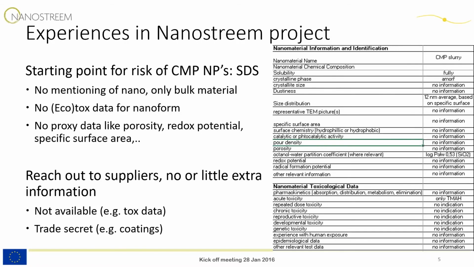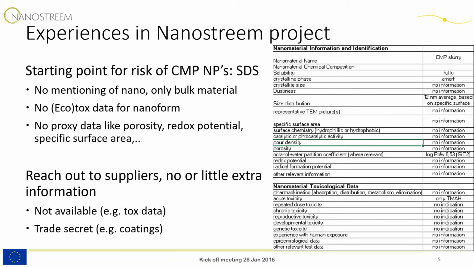So for the communication on the risk of these CMP materials, the SDS was the starting point. But if you look at those SDSs, the nanoform is not mentioned. It only mentions the bulk material. It only has data about the bulk material.